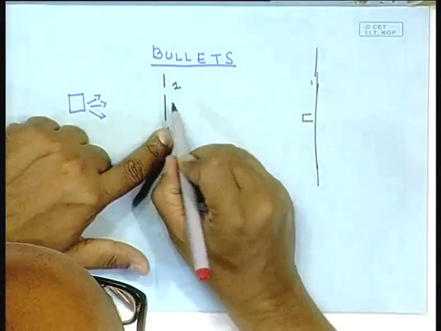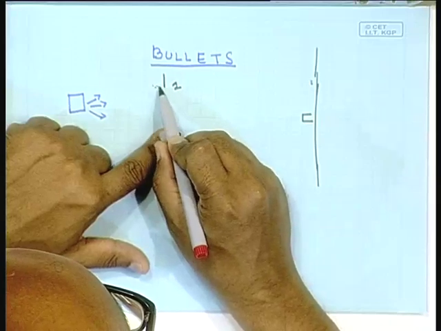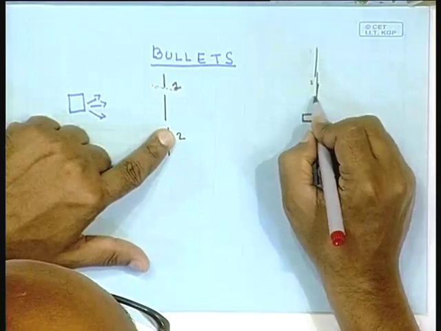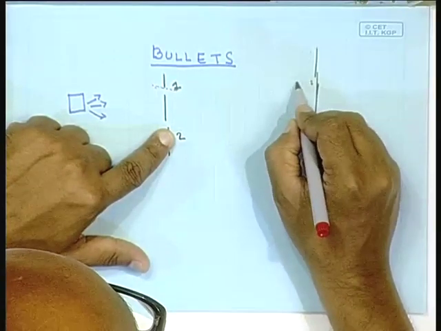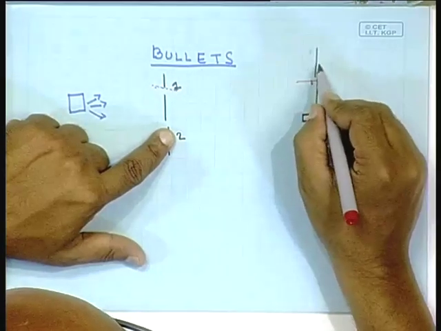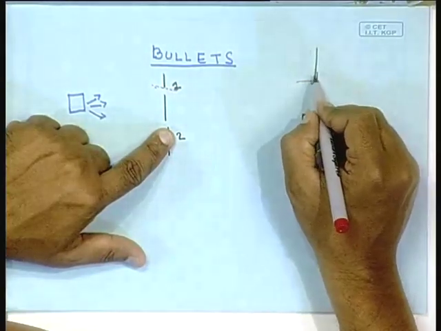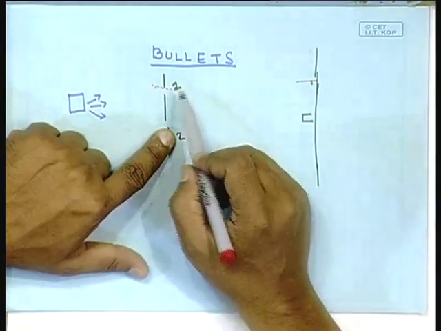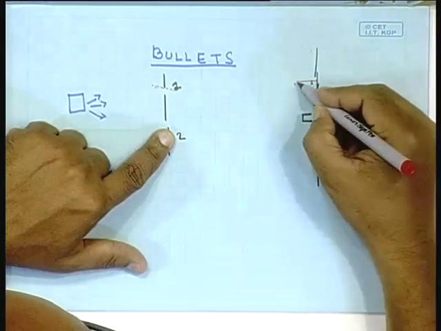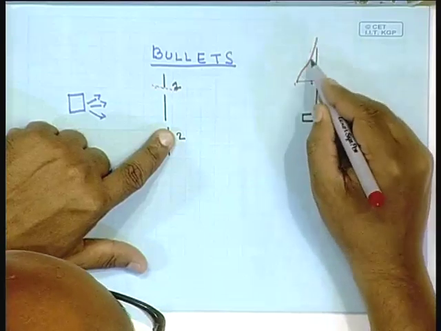There may be some bullets which go through this slit at an angle, and there will be a spread in the bullets around this point just behind slit 1. So, the probability of a bullet arriving at any point on the screen through slit 1 is going to have a maxima just behind slit 1, and then it is going to have a spread, and it is going to look something like this.